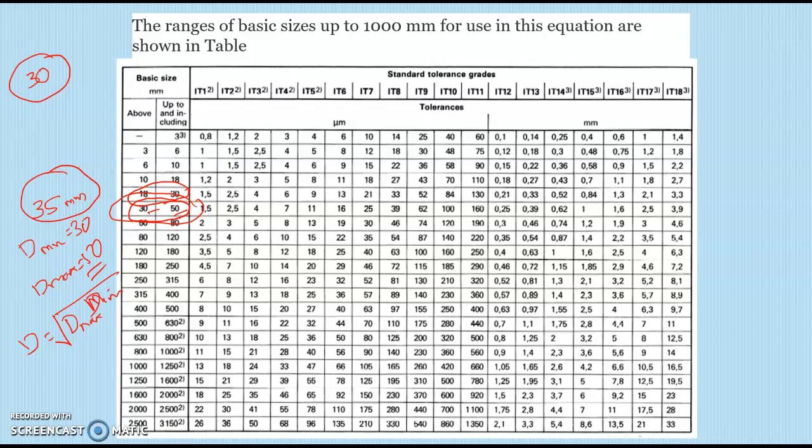If it is 18 to 30, it means above 18, not including 18, starting from 19 and up to and including 30. So 30 is included in the range 18 to 30, and 30 to 50 means above 30 to 50, that is 31 to 50. That is the way of reading this table.